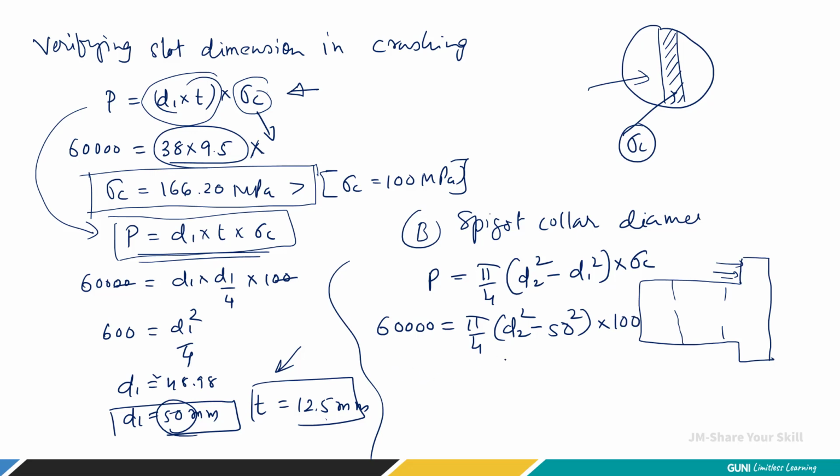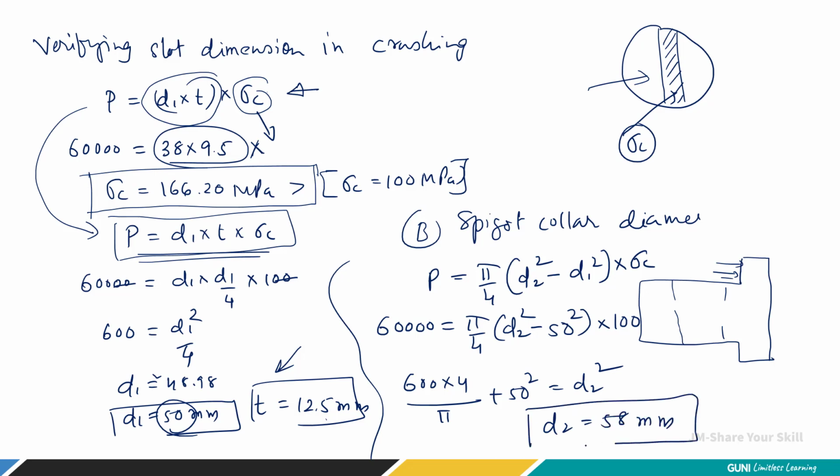Now try to solve this. 60,000 divided by, let's simplify this: 600 into 4 divided by pi plus 50 square equals d2 square. So D2 comes out to be around 58 millimeter. This is your collar diameter.